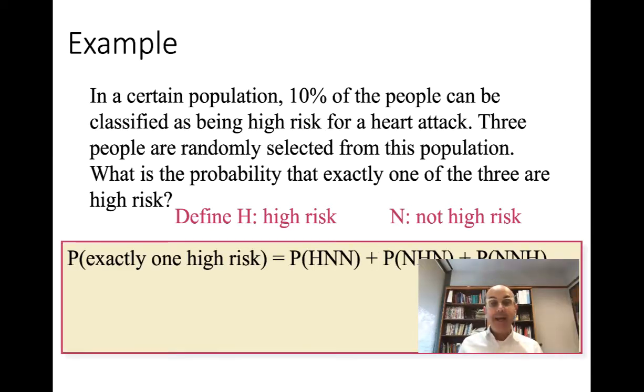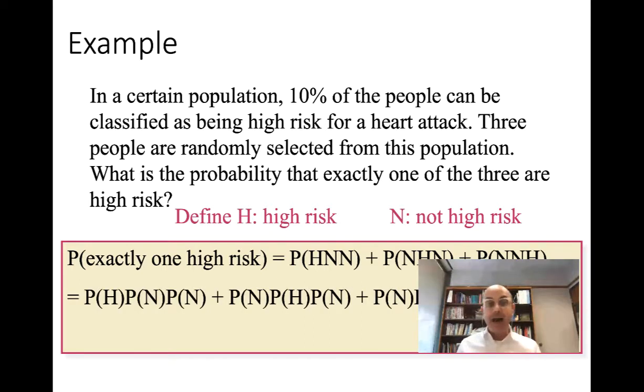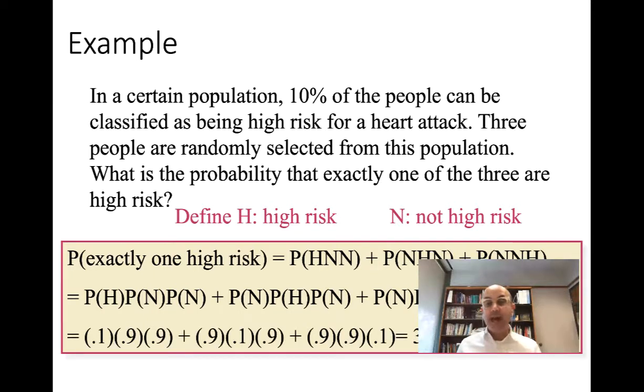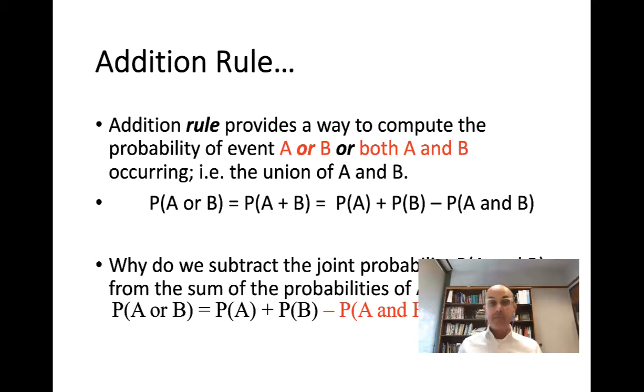So the idea here is that P of exactly one high risk is equal to P(H) multiplied by P(N) multiplied by P(N), because we have three people in this case. And this is how we set it up in order for us to say that the probability that one of them will be high risk is 0.243.